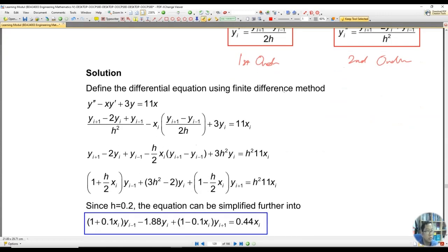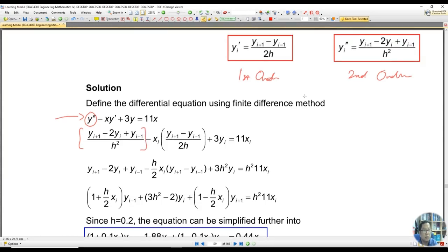Okay, we go to the solution: define the differential equation using finite difference methods. This is the equation given in this question, y double prime minus x y prime plus 3y equal to 11x. So when you see this y double prime, you have to change it to this equation.